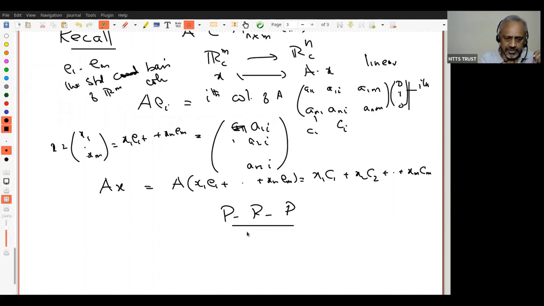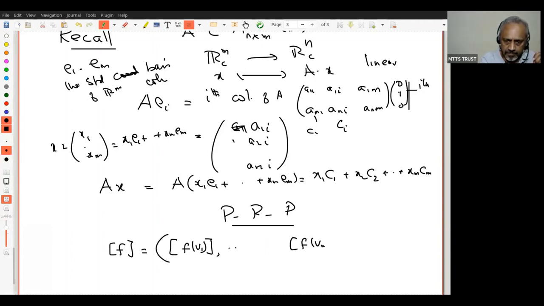Now we want to use it. Let us look at the matrix F. What is the column? We had already seen the first column is F of V1, and so on up to F of Vm. You understood this? Okay, this is a matrix.